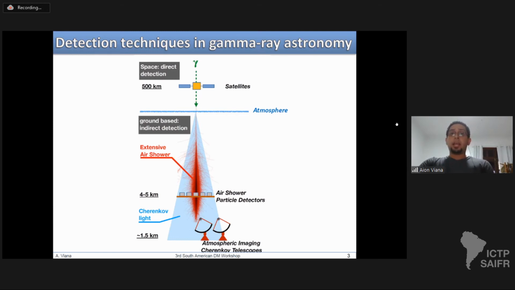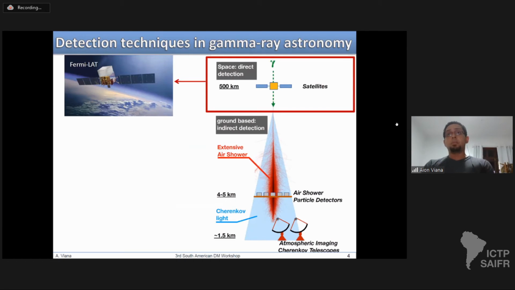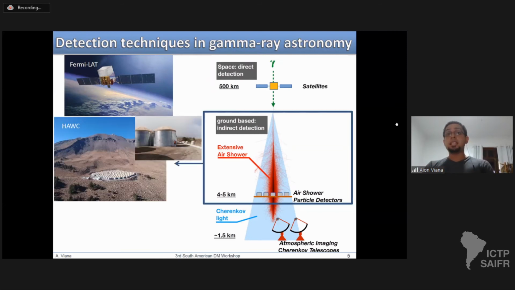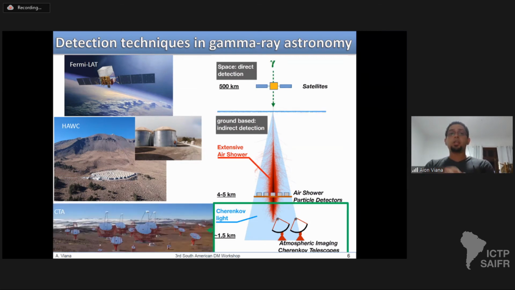So if you want to detect these gamma rays, you will either put a detector above the atmosphere, so a satellite, such as the Fermi-LAT, but you can also put a detector of particles of this air shower at high altitude, so at 4 to 5 kilometers altitude, such as HAWC here on the left. Or you can actually put some telescopes at the ground or a little bit above the ground, 1,000 kilometers above the ground, to detect the Cherenkov light. And here is a very good example of such a telescope, CTA.